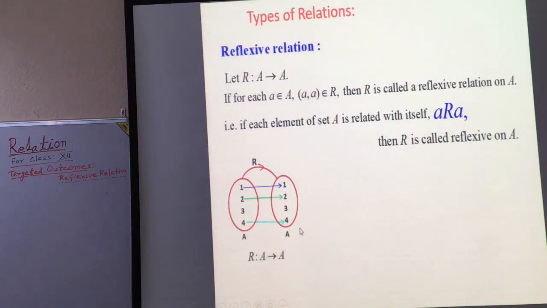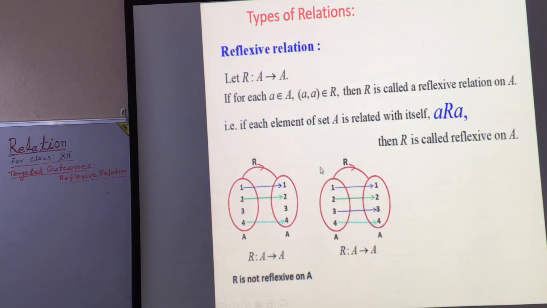So, though it is a relation, it is not a reflexive relation. Why? Because definition is not satisfied. As per definition, each element of set A should be related with itself, and here there is an element 3 which is not related with itself. So, the relation is not a reflexive relation.